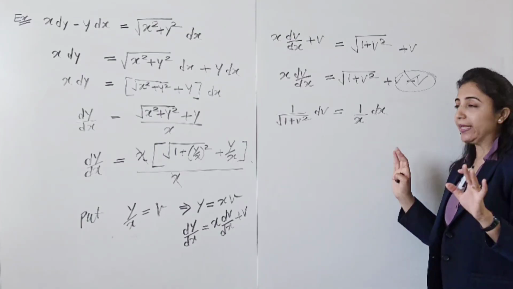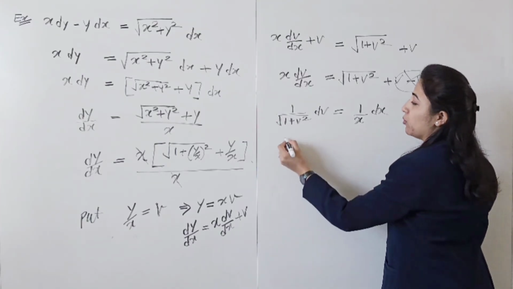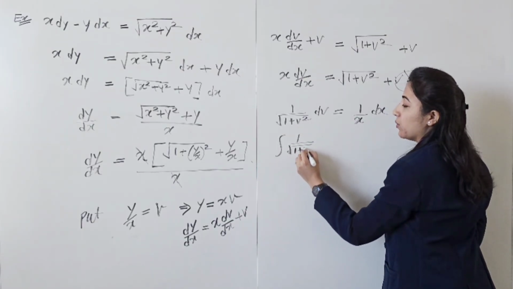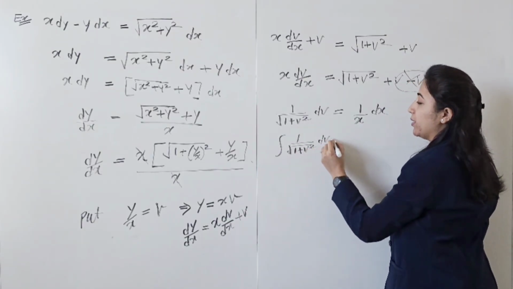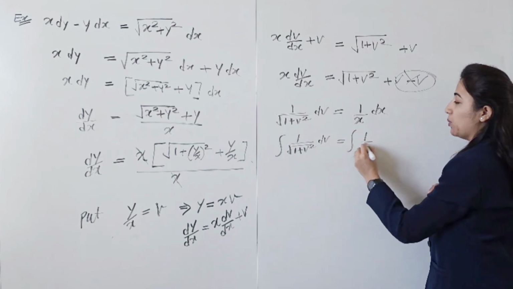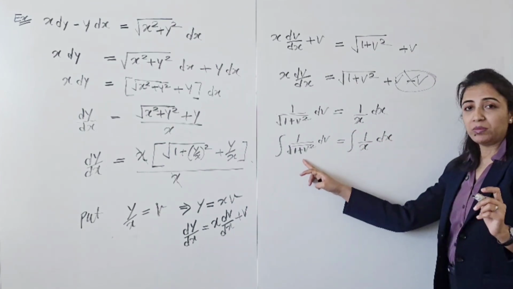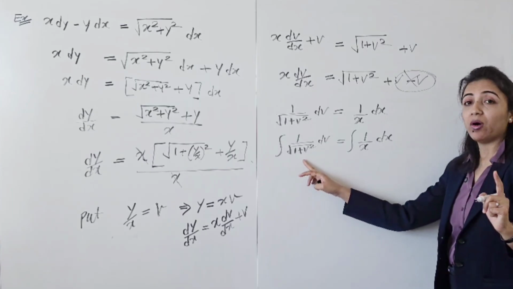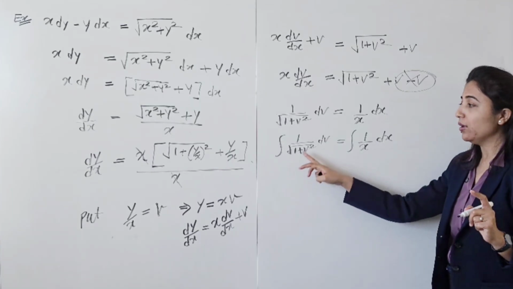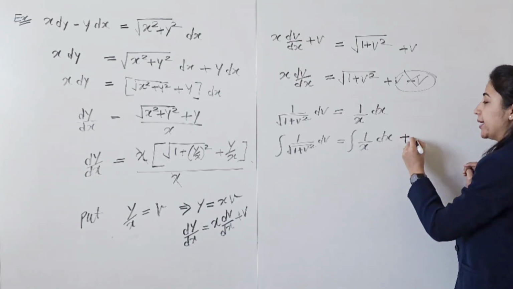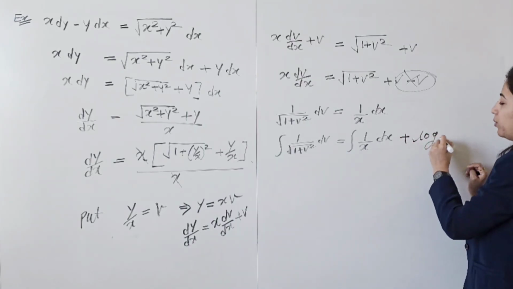So what will be our next step? Yes, it is integrating both sides. So integrating both sides, we will get the integration of 1 upon root of 1 plus v square dv equal to the integration of 1 upon x dx. Now see here, the integration of this term we will get in the form of log. It is a standard formula. Here also we will get log. So that's why I will write the integrating constant also in the form of log.